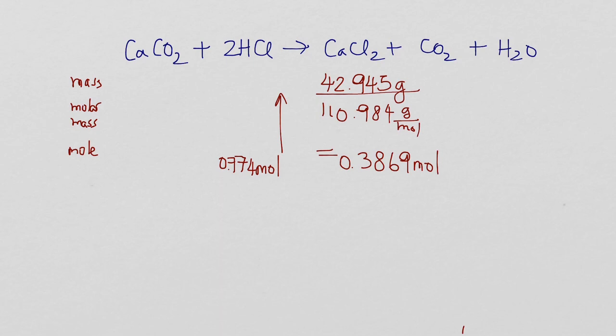This mole ratio is times 2/1. And then now we can multiply by, actually, you know what, let's go and calculate what this amount should be for calcium carbonate. Again, I have written the wrong formula, CaCO3. The mole ratio for this is 1:1. So this is 0.3869 moles.